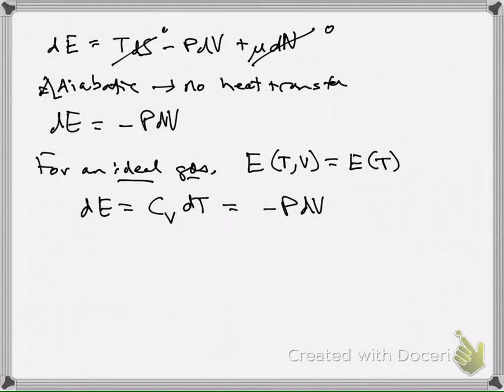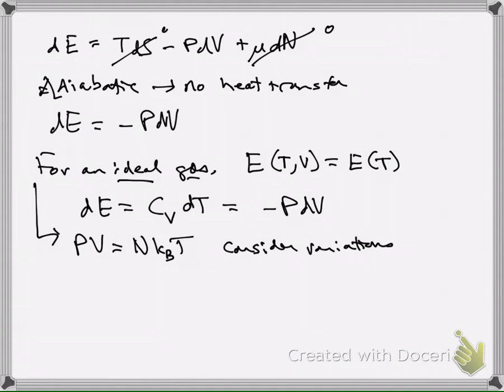Now, what else do we know? Well, if we have an ideal gas, we also have that PV equals N k Boltzmann T, and we can consider variations of our variables, right? We're still going to keep N fixed. But if we consider variations, then what do we have? We're going to play games with differentials here.